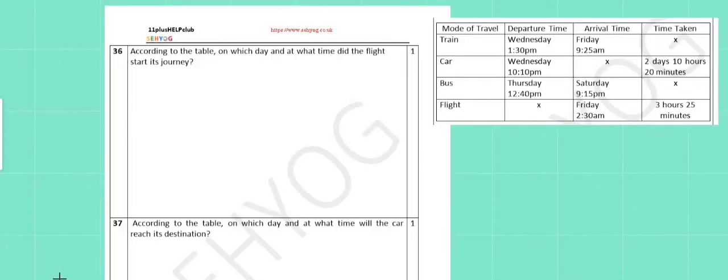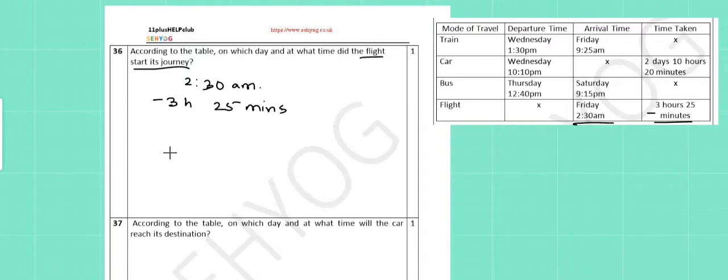In question number 36, on which day and at what time did the flight start its journey? So, we are counting backwards, 3 hours 25 minutes we have to deduct from 2:30 a.m., which means that we have to go to the previous day. This can be done in two ways.